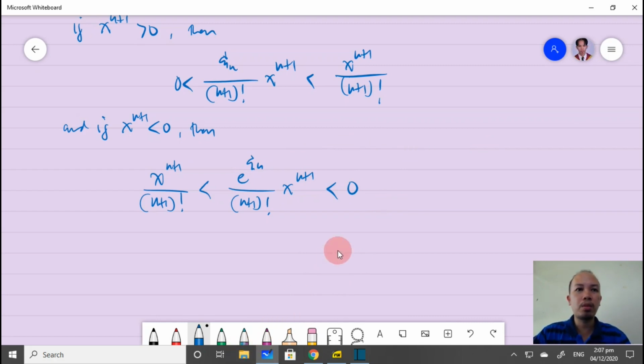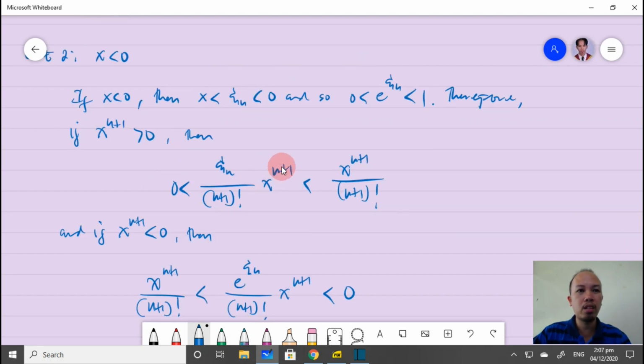Let's look at the inequality. This is less than 1. This is positive and this is negative, so therefore this is less than 0.